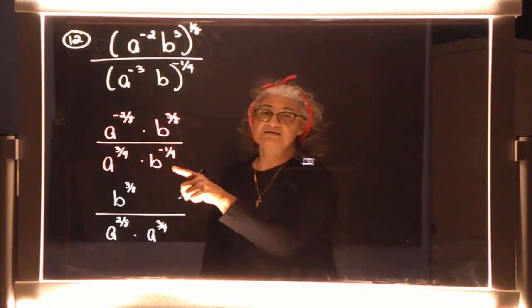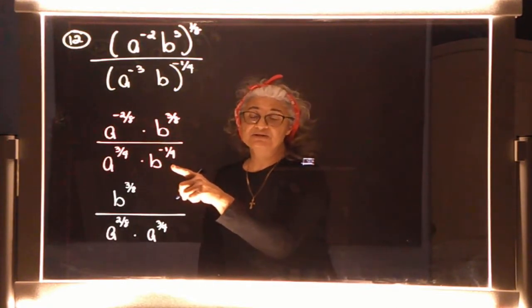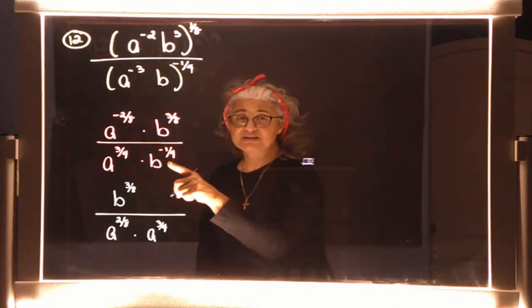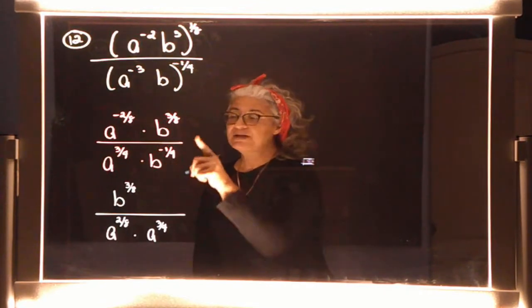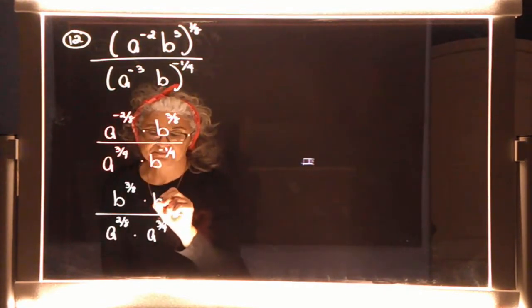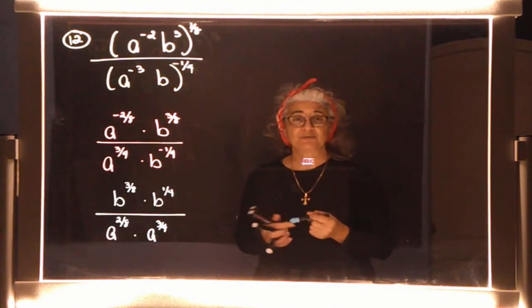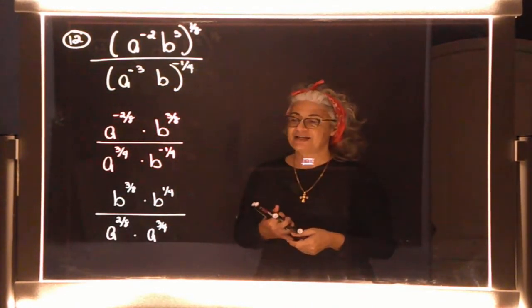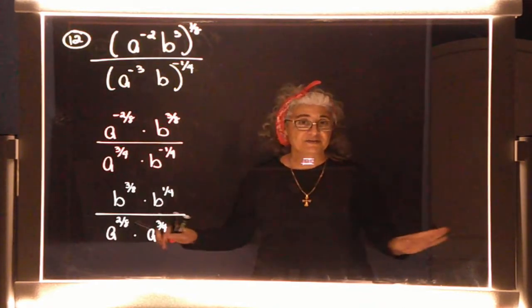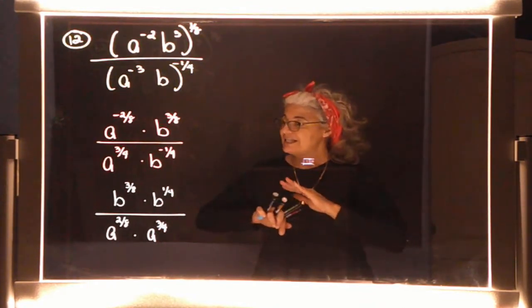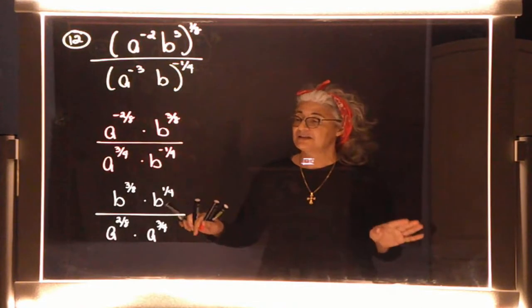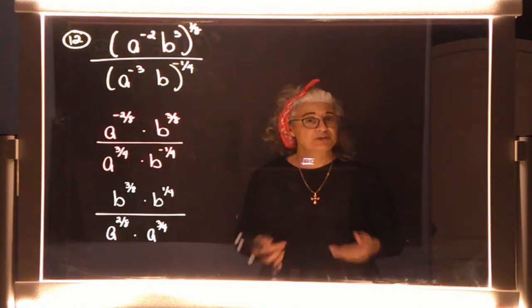And this b is to the negative 1/4 exponent, and it's in the denominator. Does it stay there? Nope, it moves to the numerator. Good. Excellent. How are we doing? Are you with me? Yeah. Now, parentheses are gone, negative exponents are gone, and now I can see what I'm supposed to be doing.